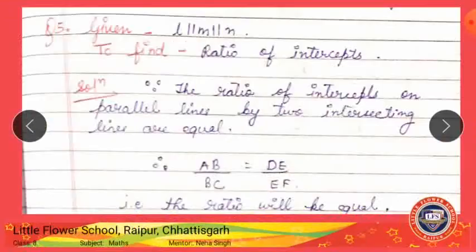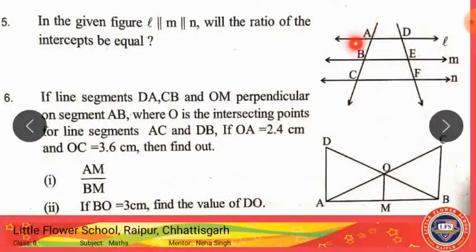This is the direct note we have just studied: if the parallel lines are intersected by transversals, the ratio of intercepts will be equal. So the ratio of intercepts of parallel lines by two intersecting lines are equal. You write this note and you can directly equate the transversals. AB upon BC equals DE upon EF.